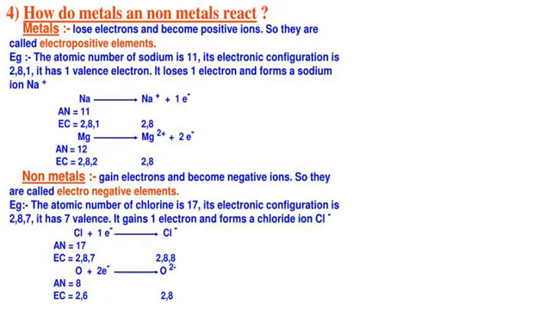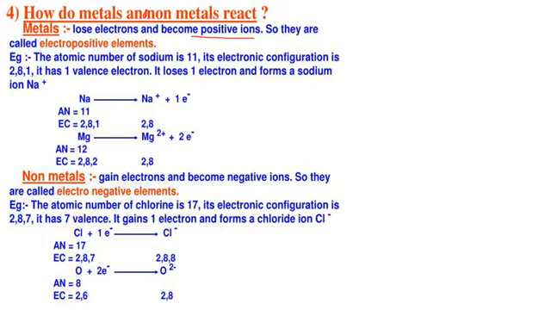Now let's see, children, how metals and non-metals react. We know that metals are electropositive. That means they lose electrons. When metals lose electrons, then only they become positive, right?